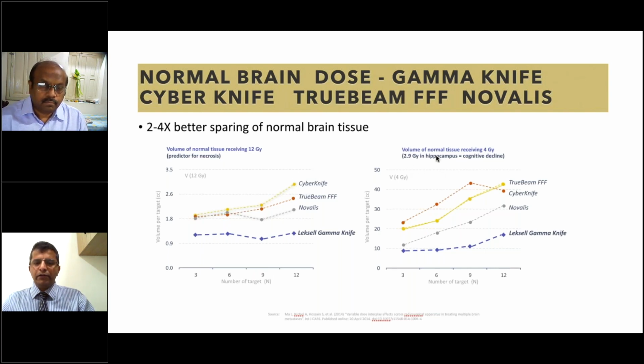If you compare the volume of normal tissue receiving 4 gray, where the limiting factor is 2.9 gray for the hippocampus cognitive decline reported dose, here also the radiation dose received by the normal structures is much lower compared to the TrueBeam, CyberKnife, or Novalis systems.